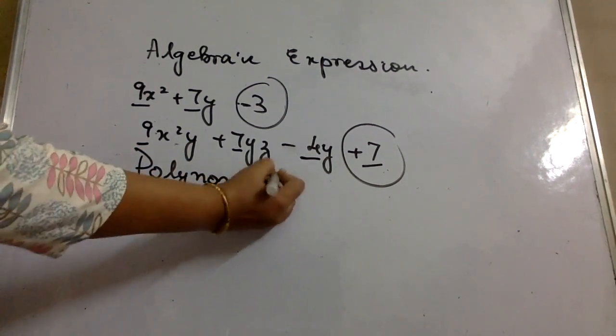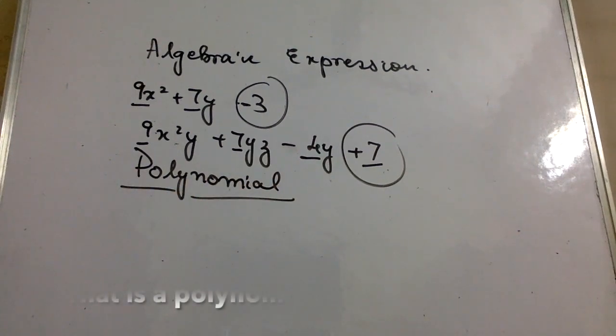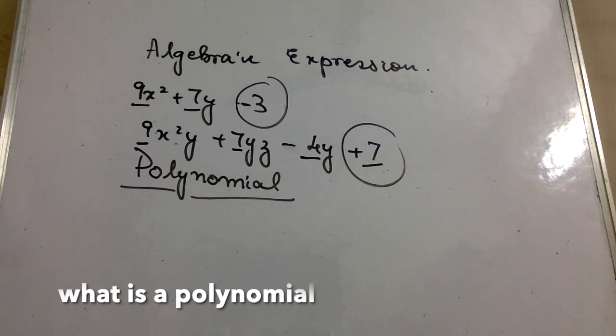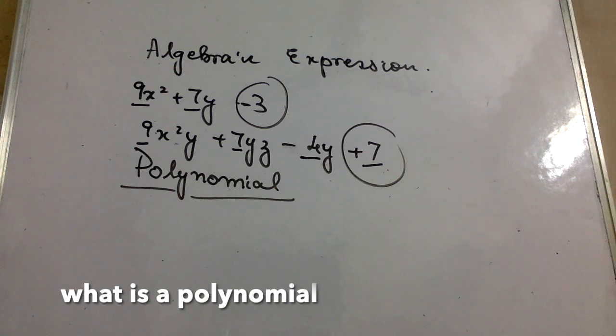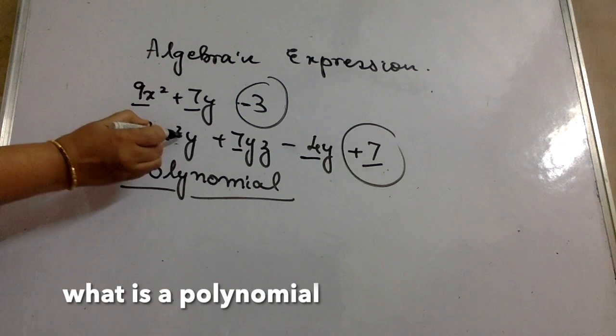Not every algebraic expression gets classified as a polynomial. Only certain algebraic expressions can be called a polynomial. Which are those? When in an algebraic expression the variables involved have only non-negative integral powers, then it is called a polynomial. Here you can see a power, here also you can see a power.